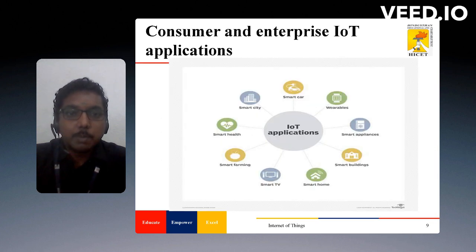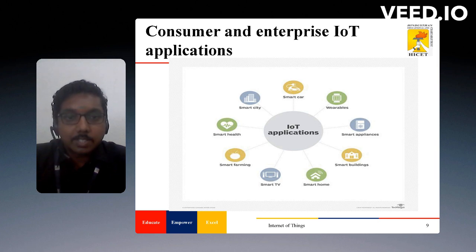So this is the consumer and enterprise IoT application. Simply, you can see the IoT applications, that is, smart devices all around. So smart city, wearables, that is smart watches, smart bulbs, LED lights, smart TVs, or any smart business engineering.